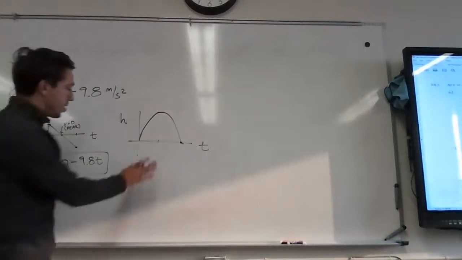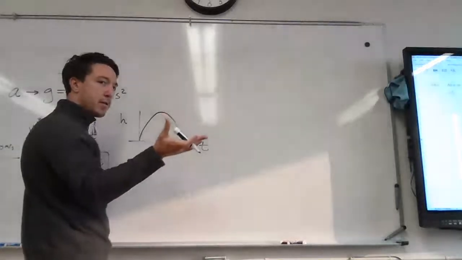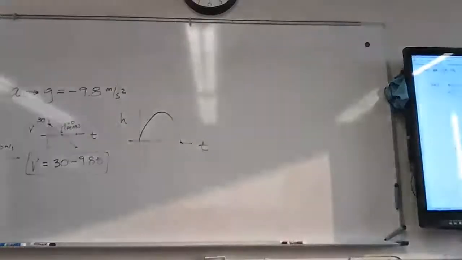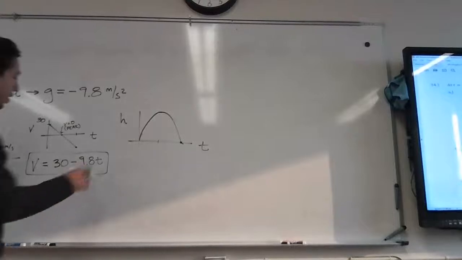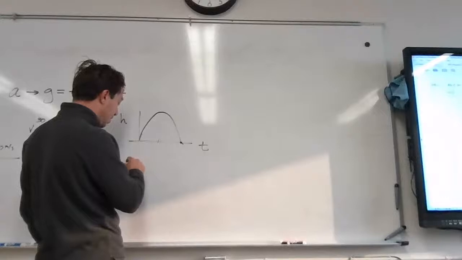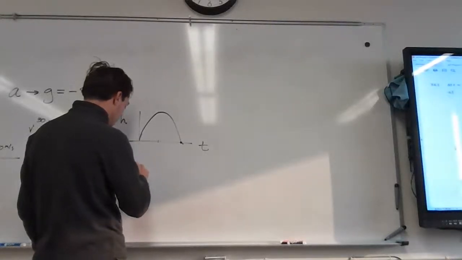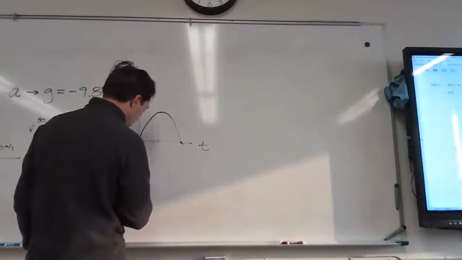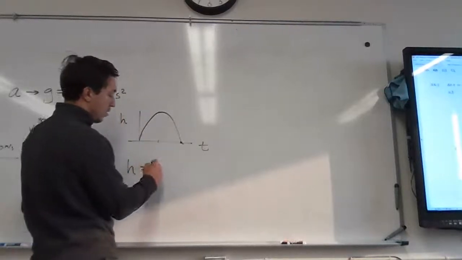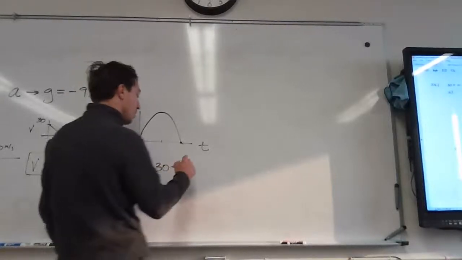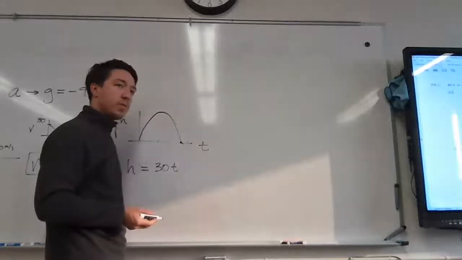It's a parabola. So let's look at the formula, using the formula we just derived. Okay, so the formula we just derived would say that H is equal to initial velocity times time plus 1/2 AT squared.